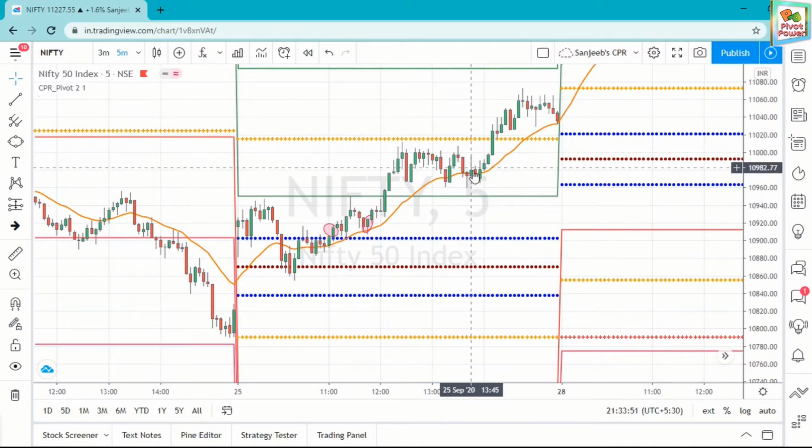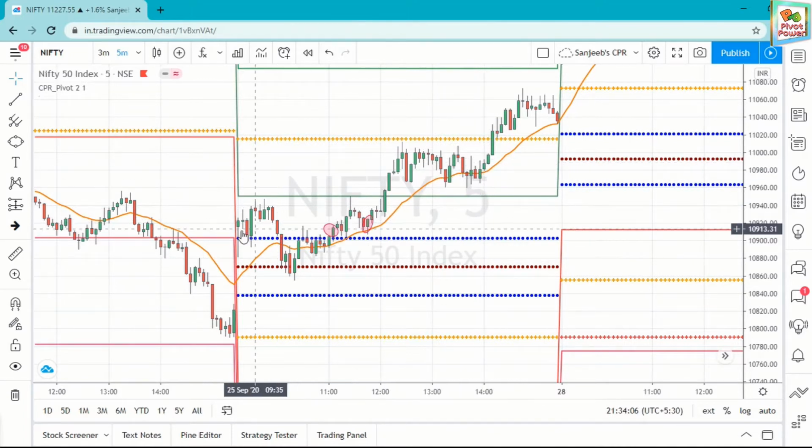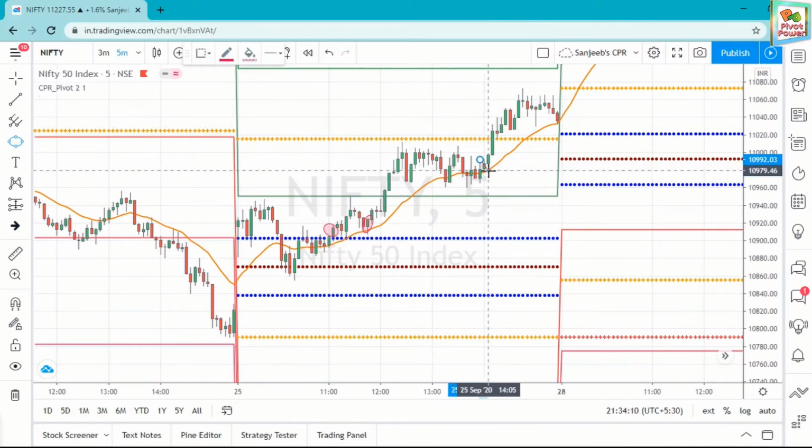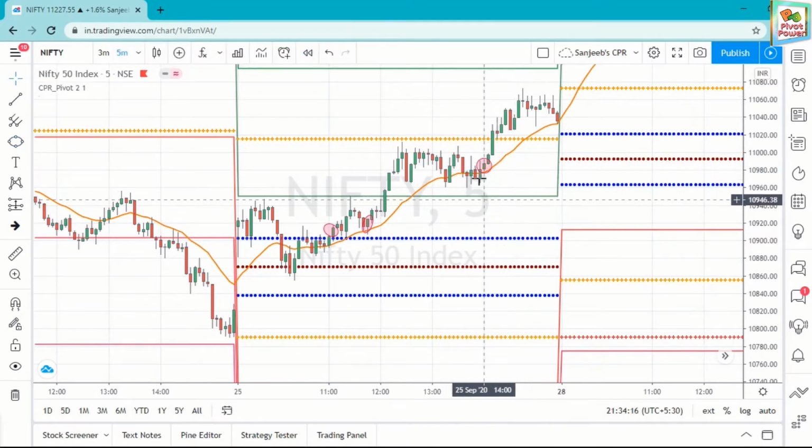When it crosses the 20 EMA here and the candle's wick is very high, then don't take it. Then where will the entry be? The entry should be here only, in this candle, right?